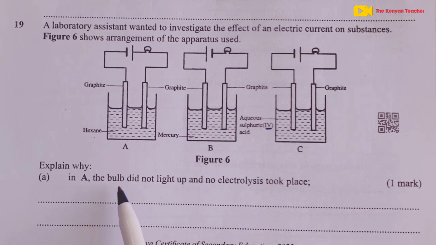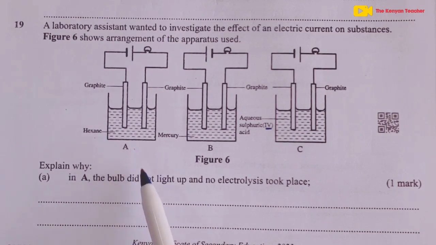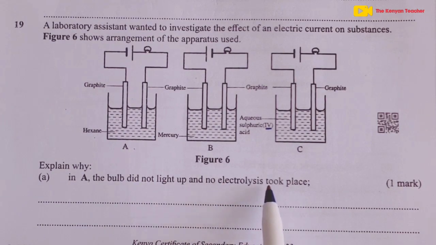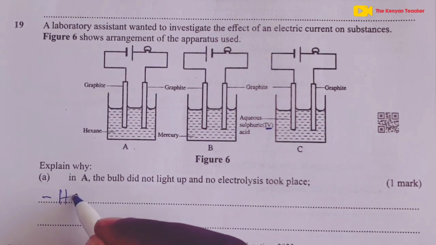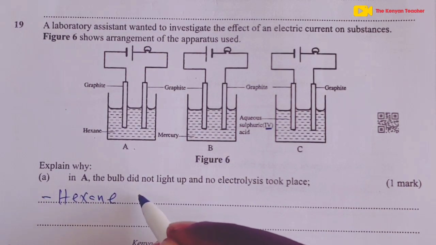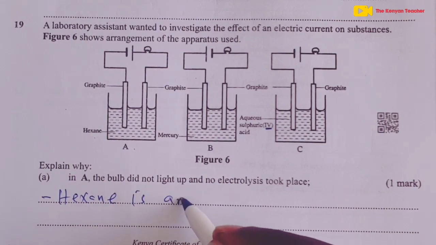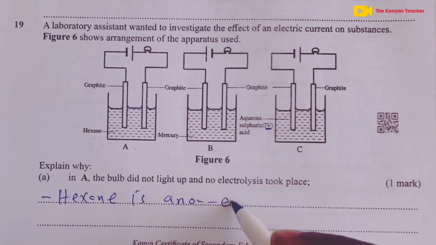Now, in the questioning, we are asked to explain why for part A, the bulb did not light up and no electrolysis took place. So the reason for this is that hexane, as we know, is a non-electrolyte.